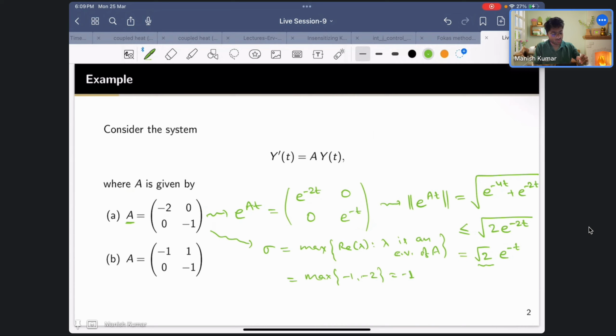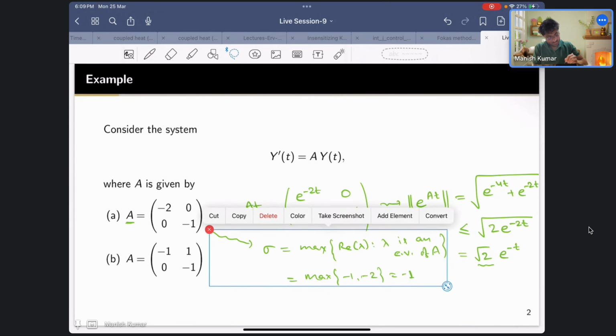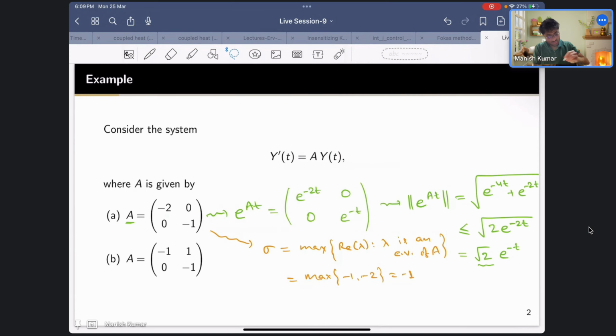So let me point it out here: omega is equal to minus 1 and sigma is also minus 1. So in this particular case we have omega equal to sigma.